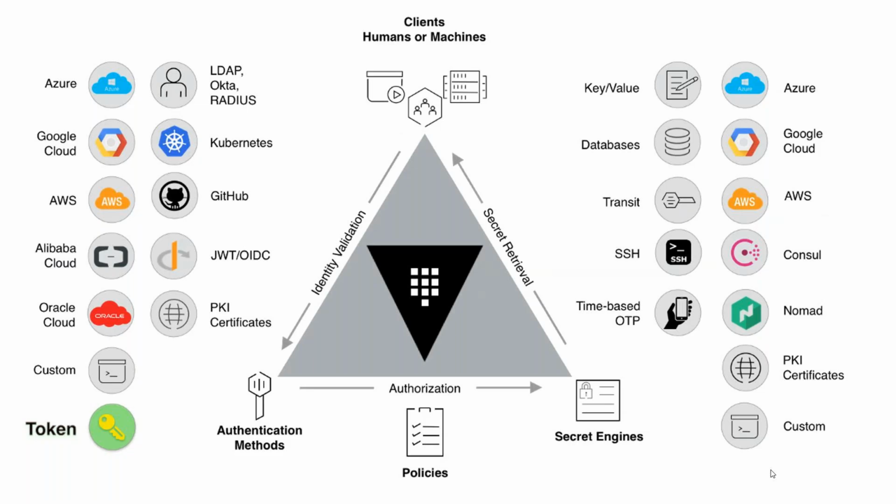On the left side, you have plenty of options available, including token, PKI certificate, GitHub, Kubernetes, Okta, LDAP, AWS, Azure, Google Cloud, and more. These are the authentication methods supported by HashiCorp Vault. By default it is token, which we will use now.